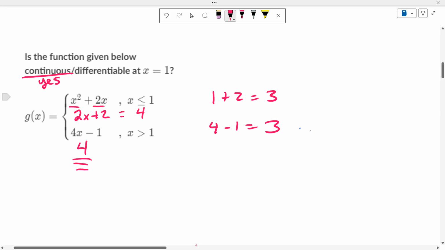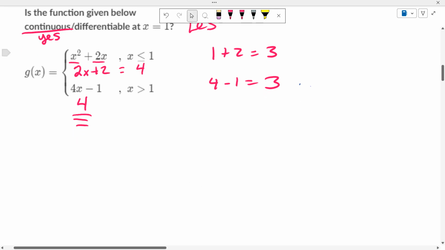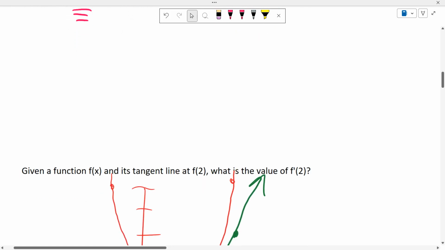Is the derivative the same? Yes. So the answer is yes. It's continuous and differentiable at 1, because it meets at the same point and it has the same derivative. So it has the same slope.